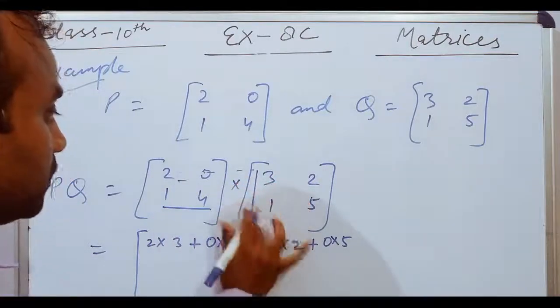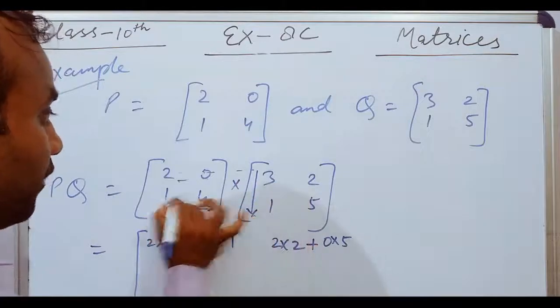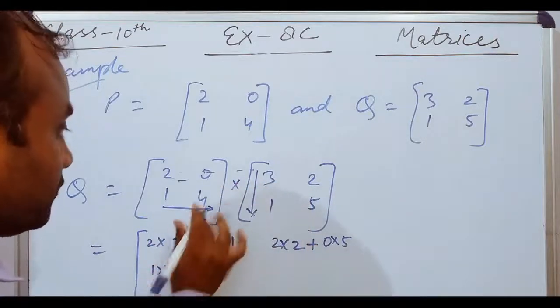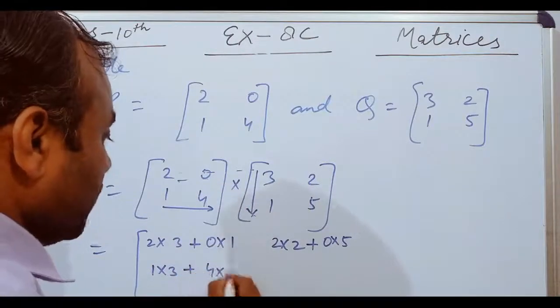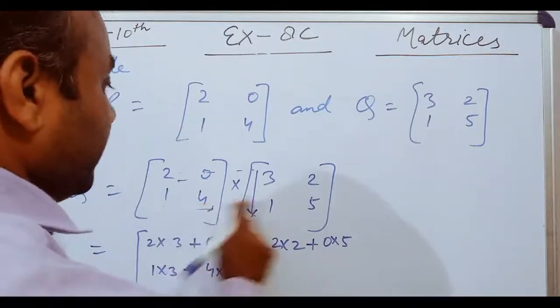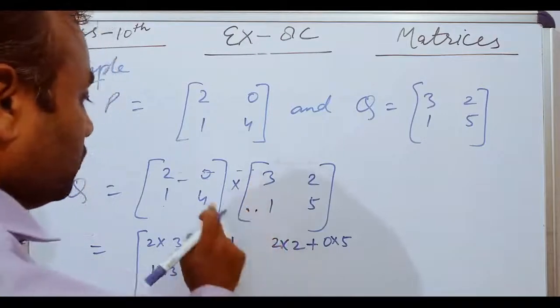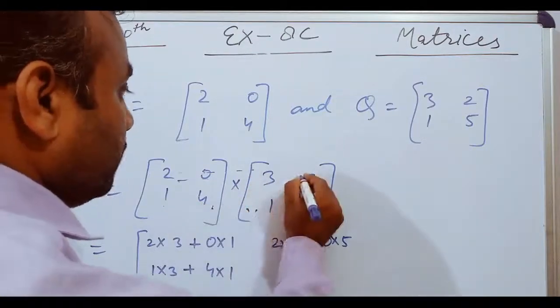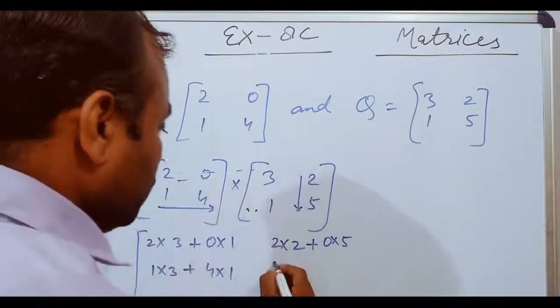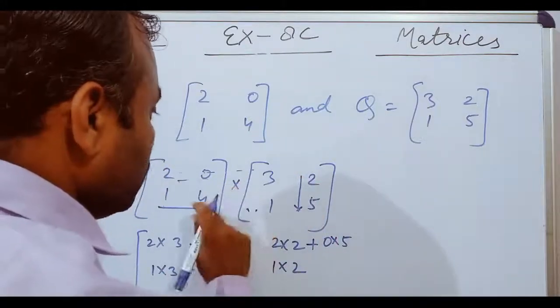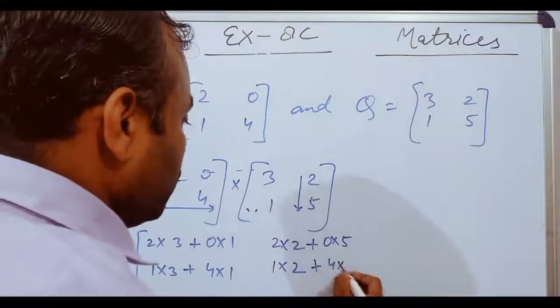For A21: 1 into 3 plus 4 into 1, then for A22: 1 into 2 plus 4 into 5.